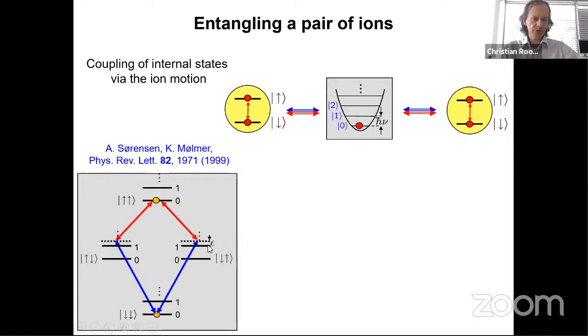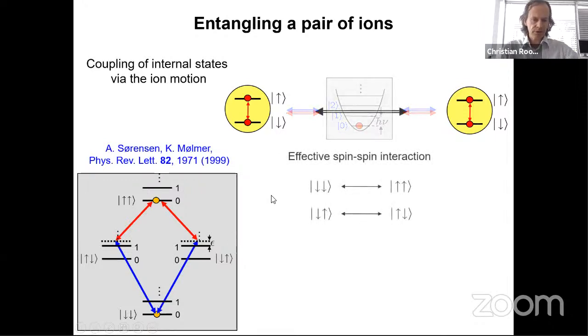And so what I assume is that the detuning here is big compared to the coupling strengths, to the Rabi frequencies of these 2 processes here.